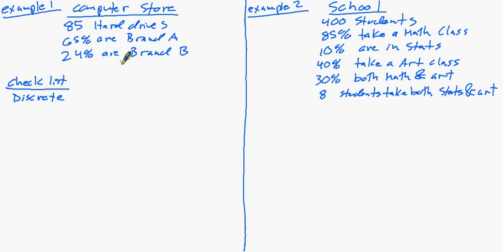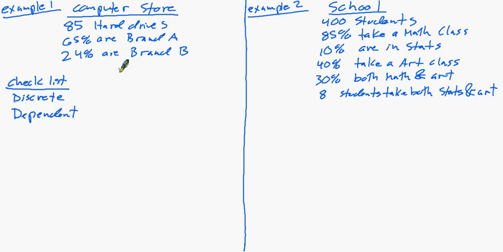If in the first draw we got a brand B hard drive, there are now fewer brand B hard drives. The total number of hard drives goes from 85 to 84 because we've selected one out. So the probabilities are going to shift. So this is in fact dependent.